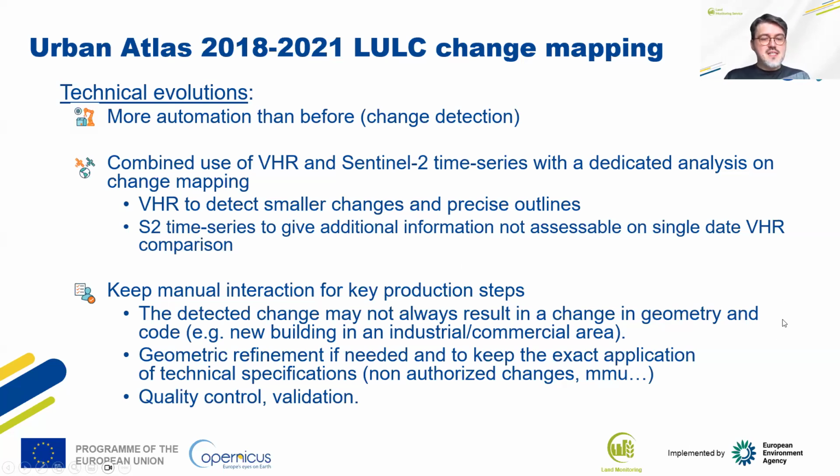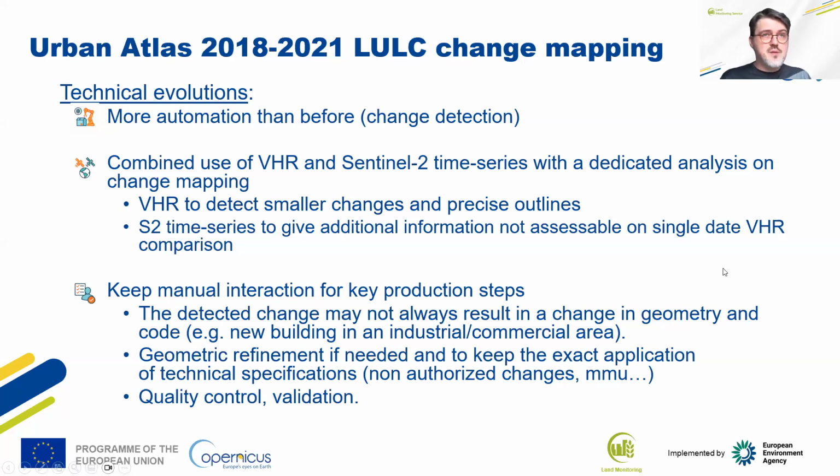Additionally, we need to specify some characterization at level 3 of the nomenclature, because images give information about land cover, not on land use. We also have to adjust some geometries to remain consistent with the previous vintage and to respect the product specifications.